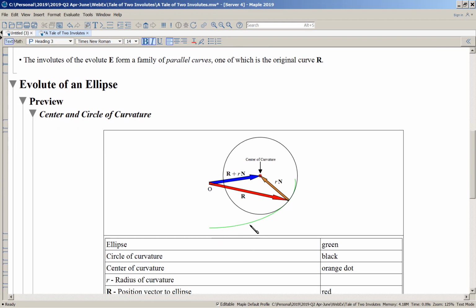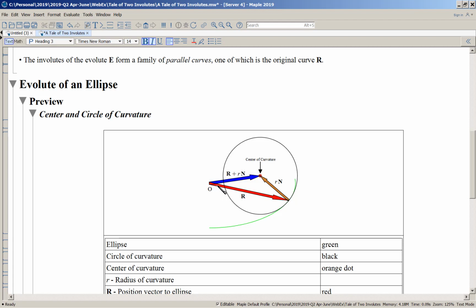This green curve is a piece of the ellipse. We'll have an ellipse that goes like this. Origin, O. Position vector to the ellipse, R. This vector is along the principal normal, but it's scaled by the radius of curvature, so it goes right to the center of curvature, and this black circle is the circle of curvature at this point.